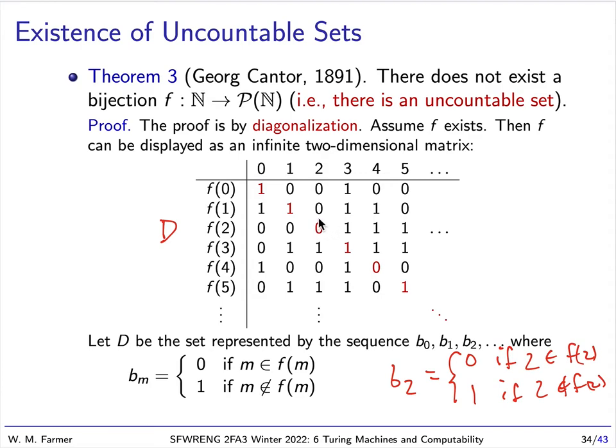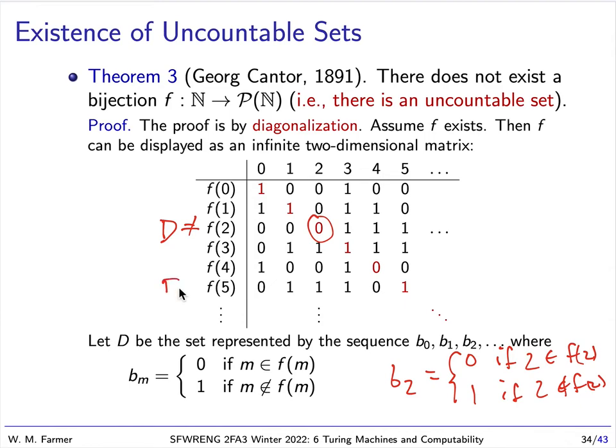Well, we know right here that 2 is not a member of F2, therefore D's bit 2 will be 1. So for D, bit 2 is 1, but for F2, it's 0. So D cannot be this.